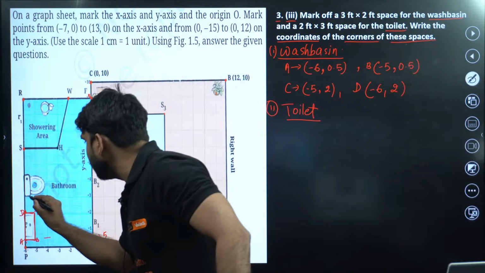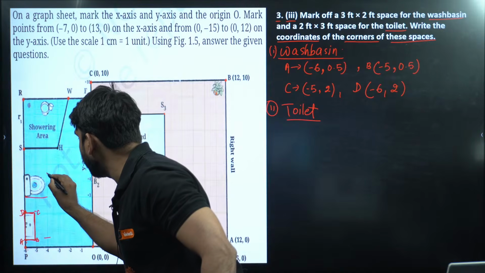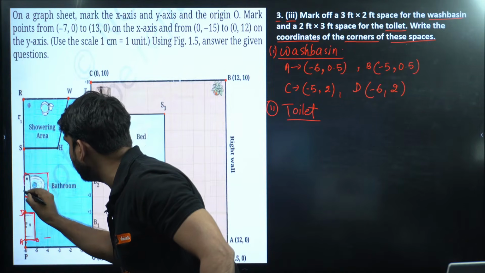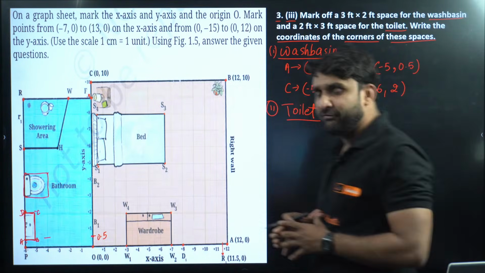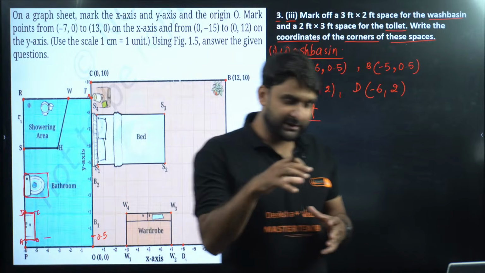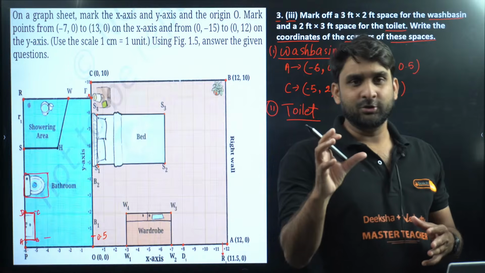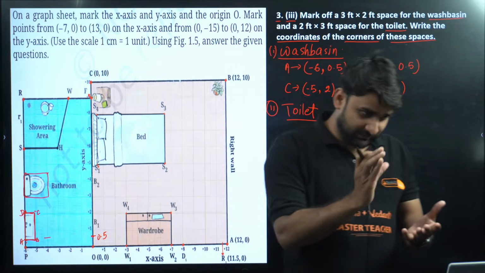So this will be the area from here to here. Please focus on the red area. This area will be enough to give the demanded area which is required to place the toilet.